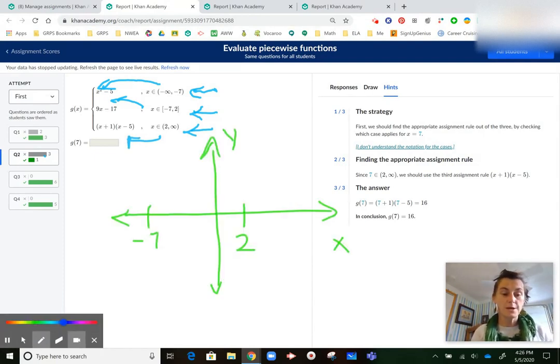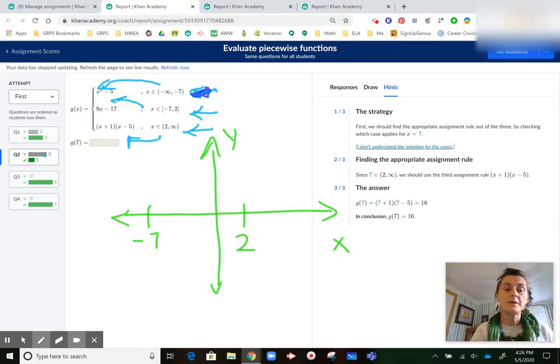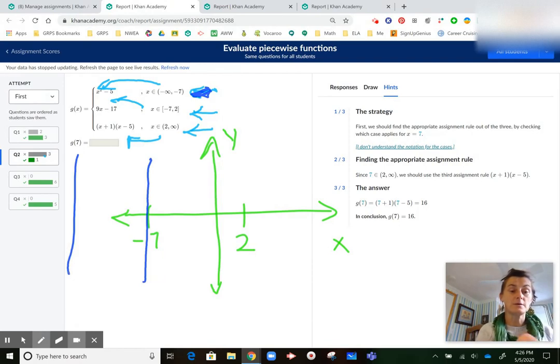Okay, here I am. I'm just going to quickly show. So I'm looking at the first interval, this one, from negative infinity to negative 7. In this interval, this is how the function is going to look. Okay? Then we have a second interval. Second interval is this.